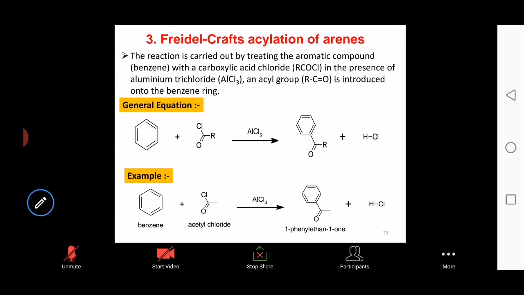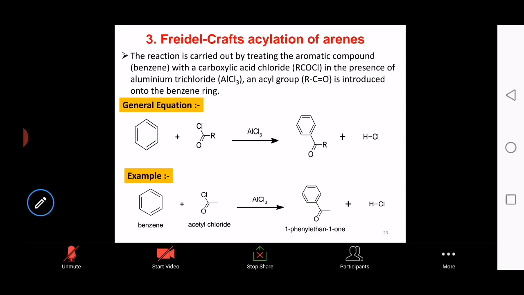And then third reaction to prepare aldehyde or ketone is by using Friedel-Crafts acylation of arene. So basically ni kita nak produce aromatic ketone ataupun aromatic aldehyde lah. Kita gunakan Friedel-Crafts acylation.